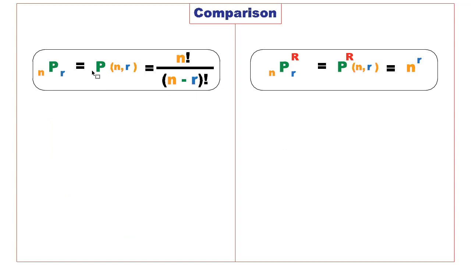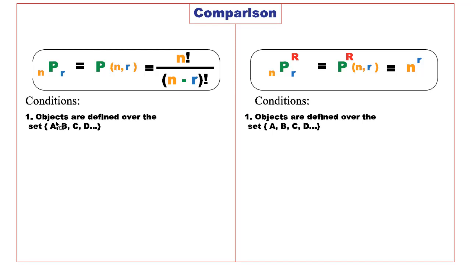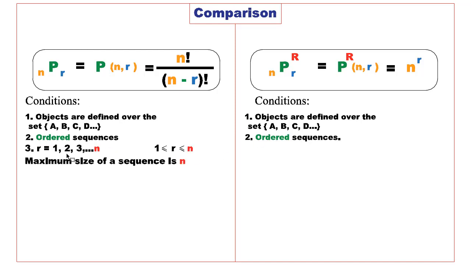So let's now compare between P and R here and P and R with replacement. The conditions to apply these 2 formulas: that the objects are defined over a set, that's for each formula, and the problem is asking us to generate ordered sequences, and that's also for both formulas. However, for the first formula, R, the range of R is from 1 to n. Why?